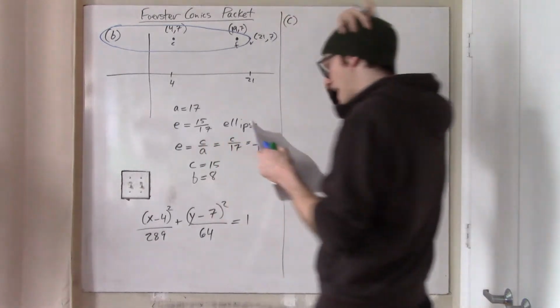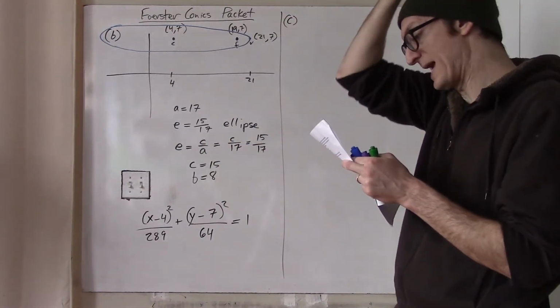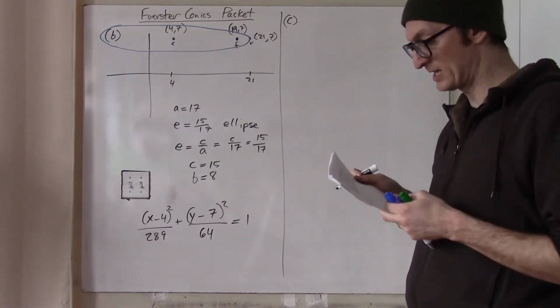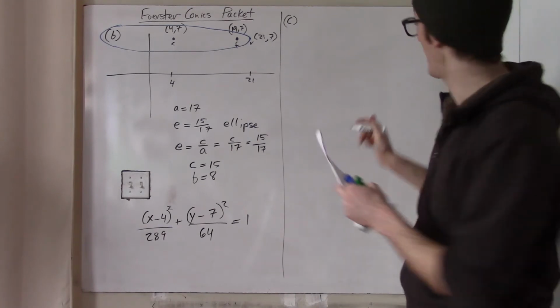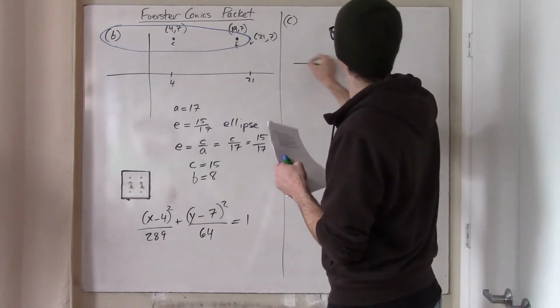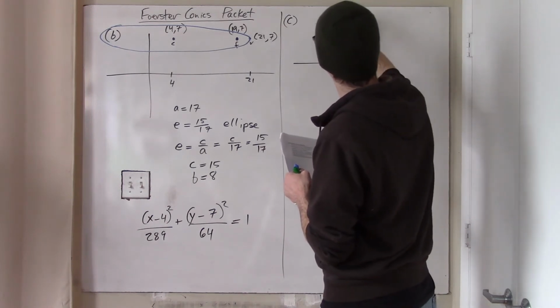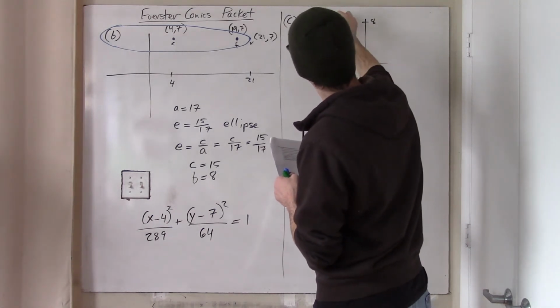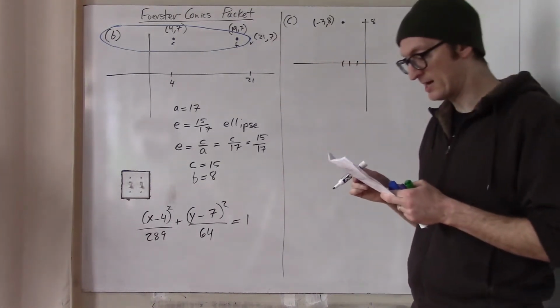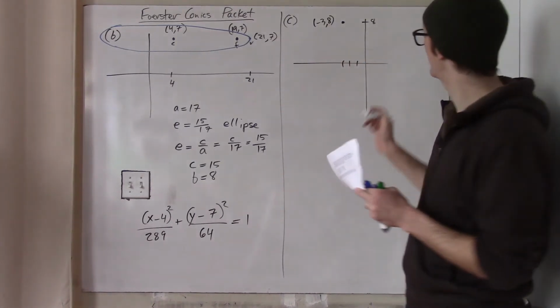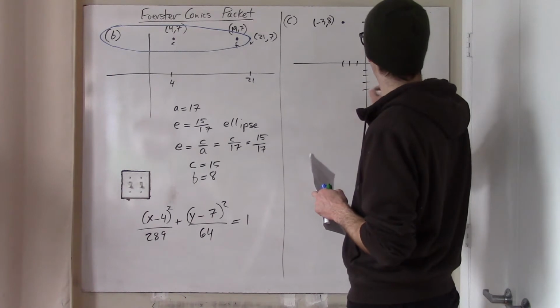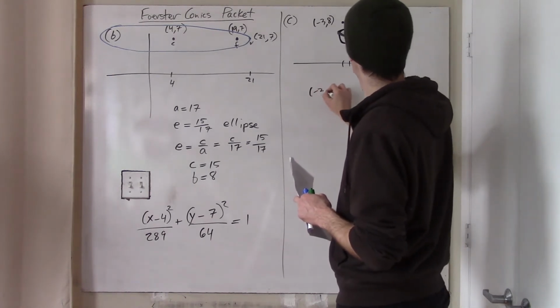C, conic with foci at (-3, 8) and (-3, -4), eccentricity 6/5. Okay. So up here at (-3, 8) is something. What is there? It's a focus. And (-3, -4) is another focus. So great.